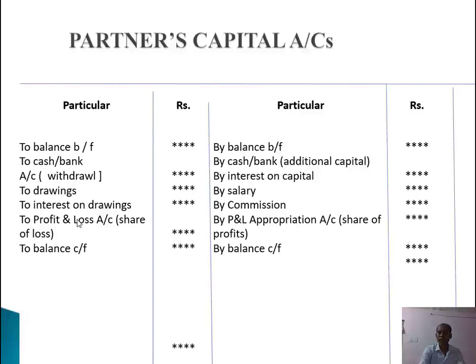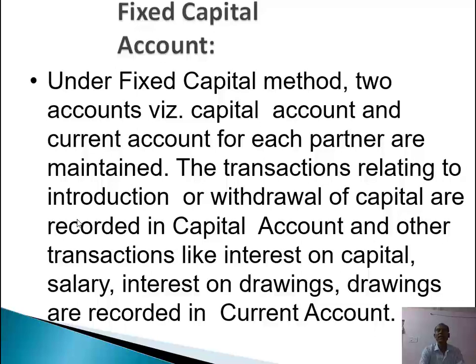Next, in the fixed capital method, two accounts are to be maintained. A capital account and a current account for each partner are maintained. The transactions relating to introduction or withdrawal of capital are recorded in the capital account. In the capital account, only the capital is to be recorded, and all the other aspects should be recorded in the current account.